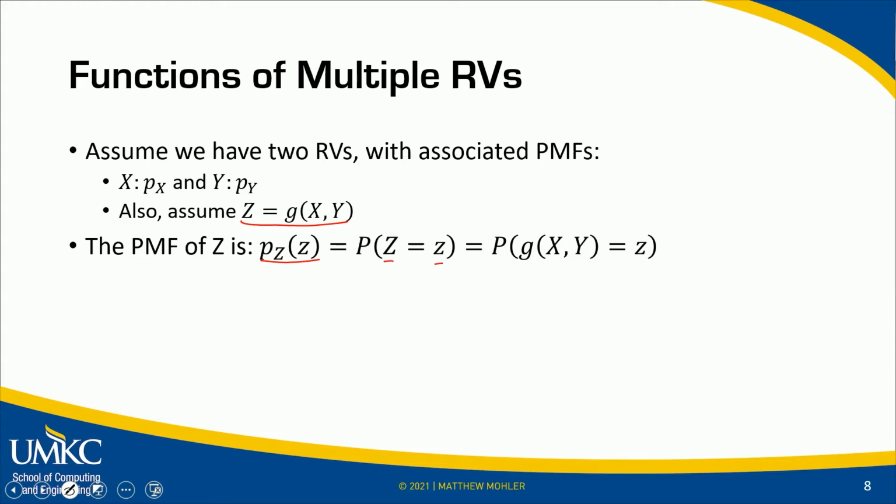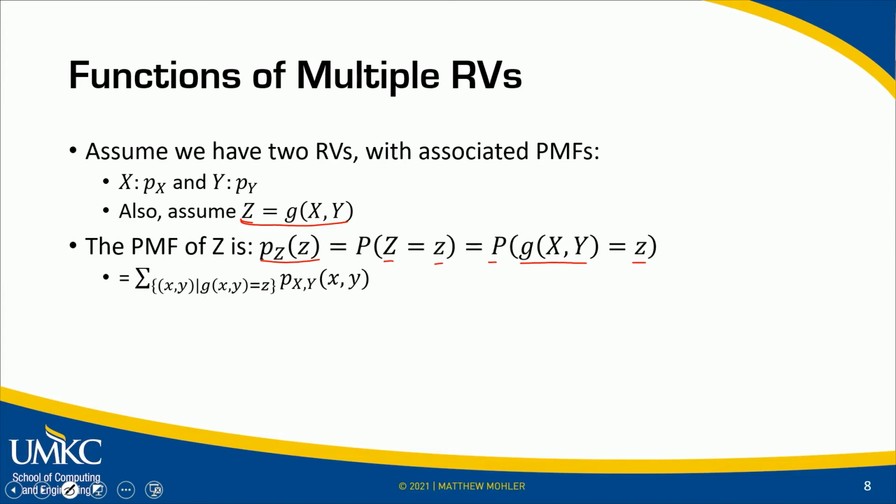Now, remember that the function of a random variable is still a random variable. And so we can say that this is also just the probability that the g of x and y function that we've said that z is equal to is equal to little z. So we're just substituting in that function.